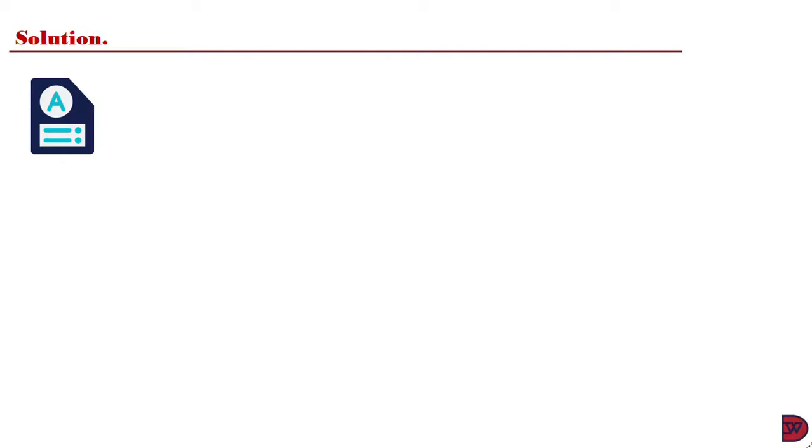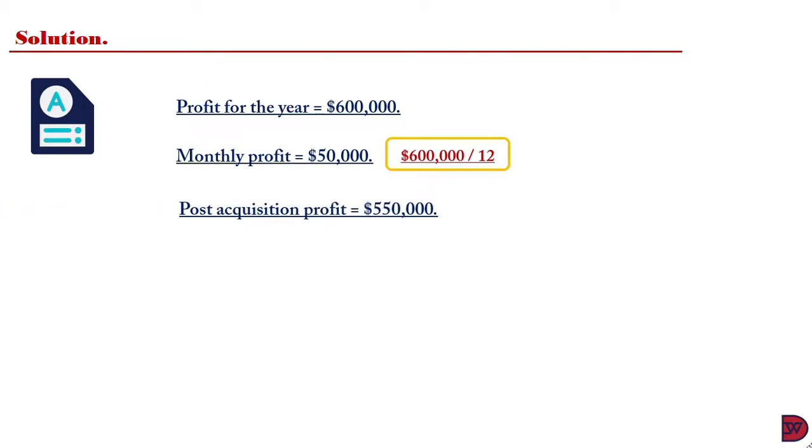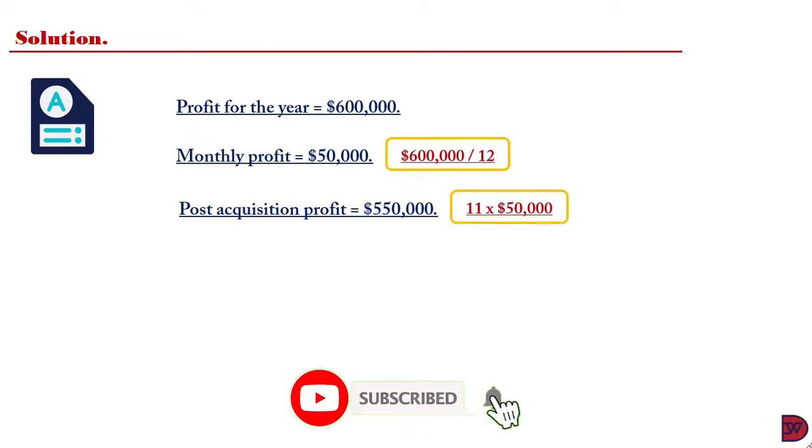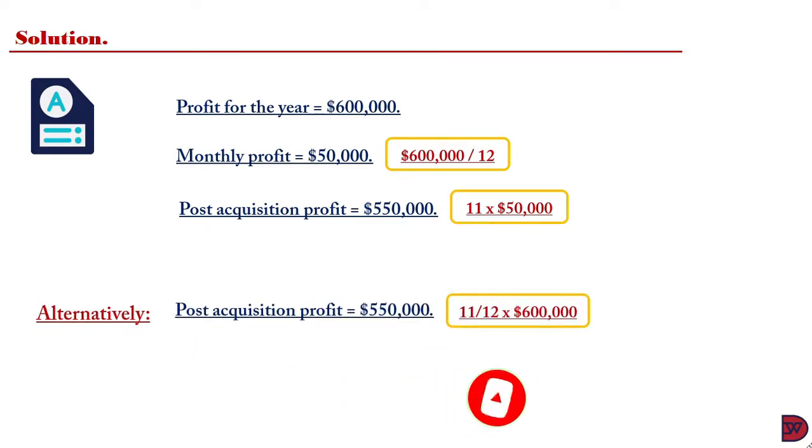When we come to the solution, Lily's profit for the year will be $600,000. Then the monthly profit will be $50,000. As said earlier, we divide the profit by 12. Janet had been with Lily for 11 months, that is from 1st February to December. So we multiply the $50,000 by 11. We can also do the same alternatively by dividing 11 by 12 and multiplying by the total profits.